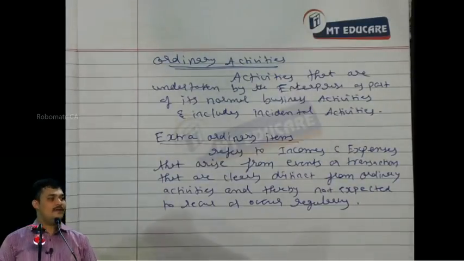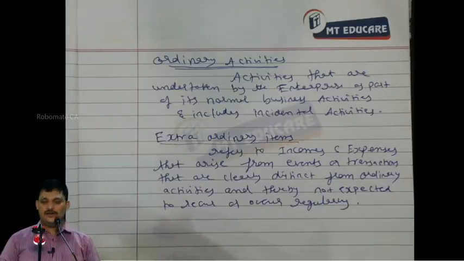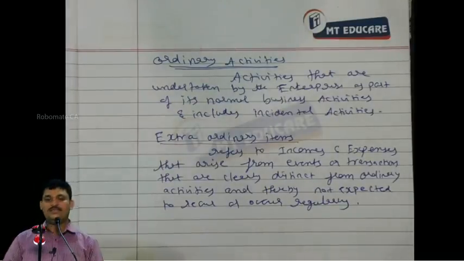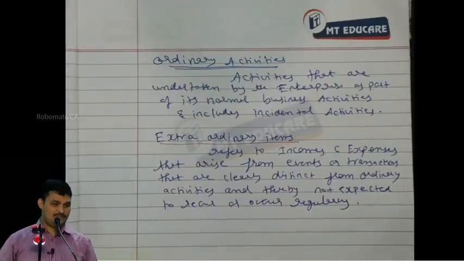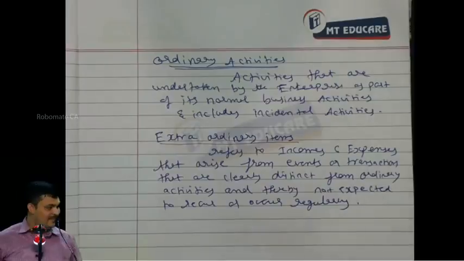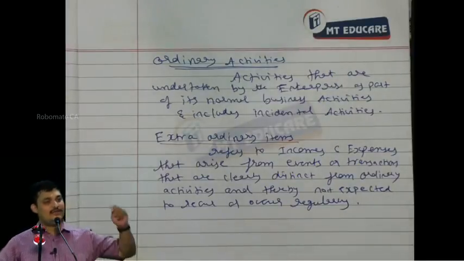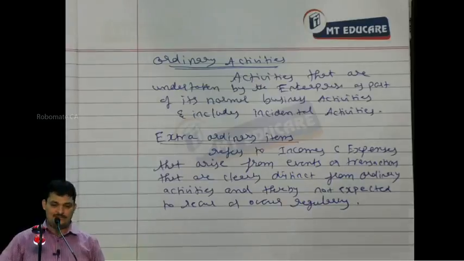Like you have extraordinary expense, you may also have extraordinary income. Understood? A compensation received because of an earthquake is extraordinary income. Similarly, any other compensation received in relation to a suit filed against a competitor is extraordinary income.